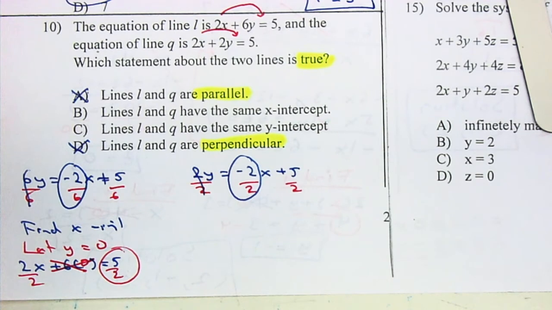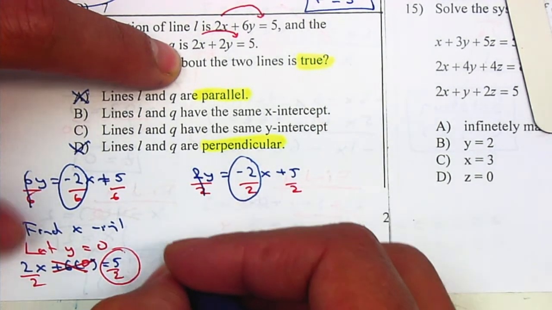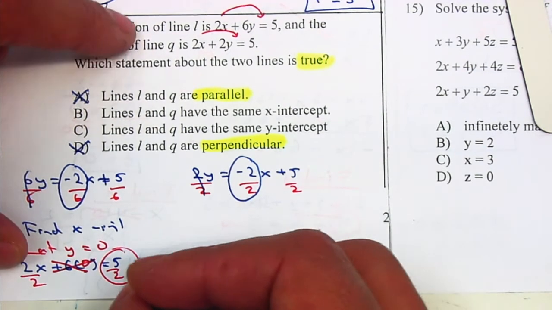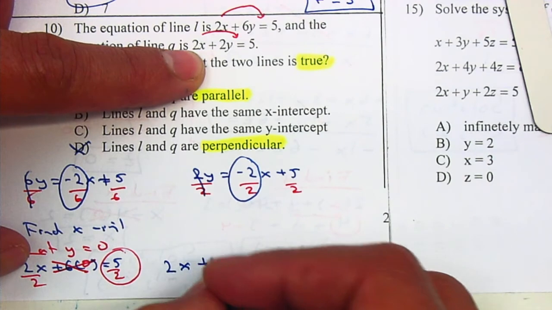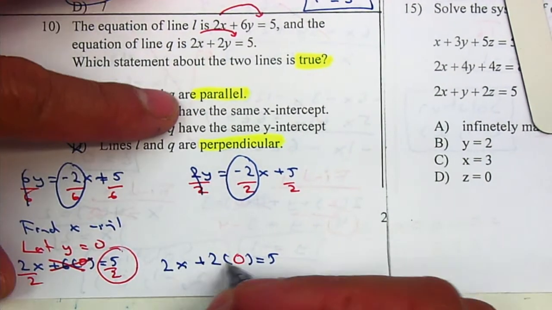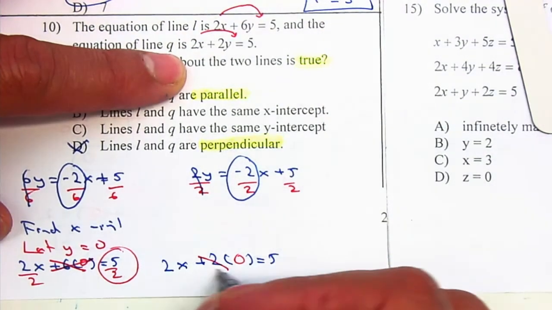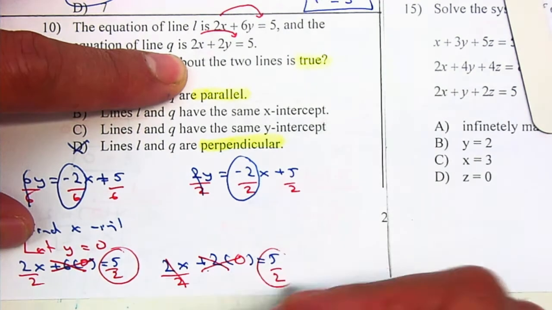To find my x-intercept for the other equation, let's do the same thing. I'm going to let y equal to 0. So that gives me 2x plus 2y is equal to 5. Divide by 2, divide by 2, that cancels.